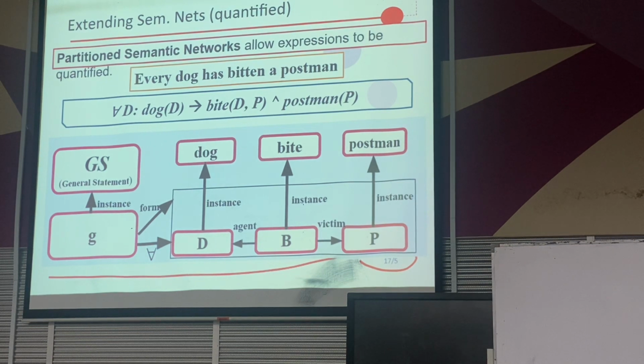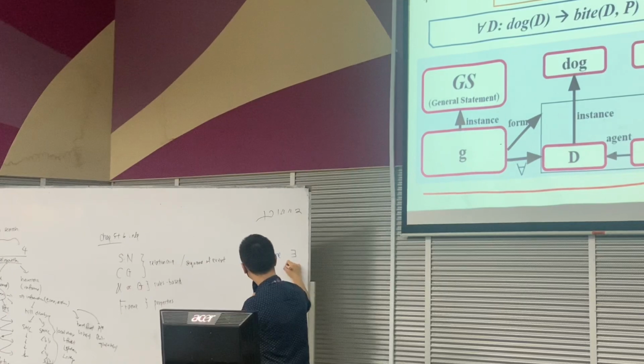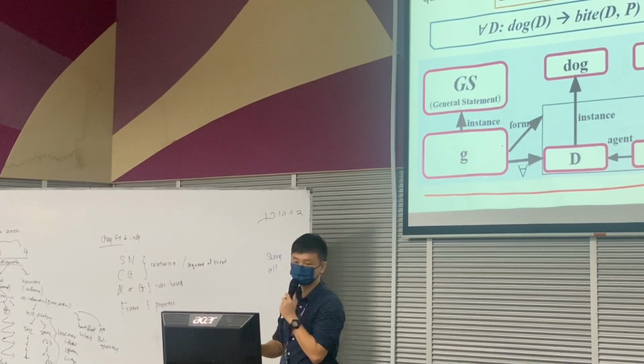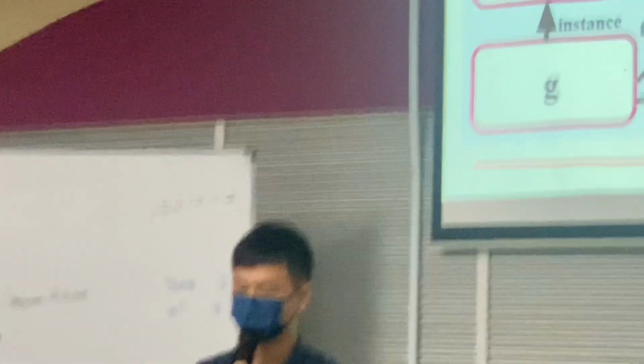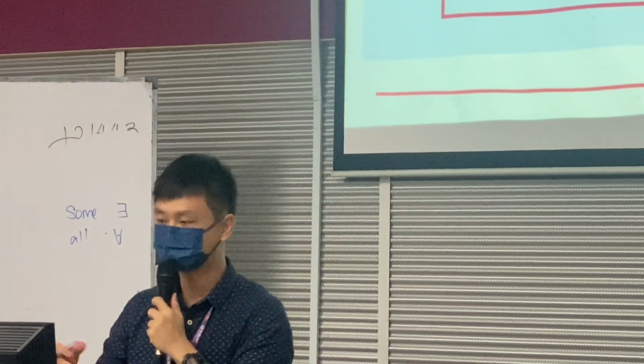But this is not very important, just additional information for you. Let's say we have a so-called quantifier every. If you have some dog here, then you have to use this symbol. So this is for all. Okay? So let's say now you have every dog has bitten every postman.